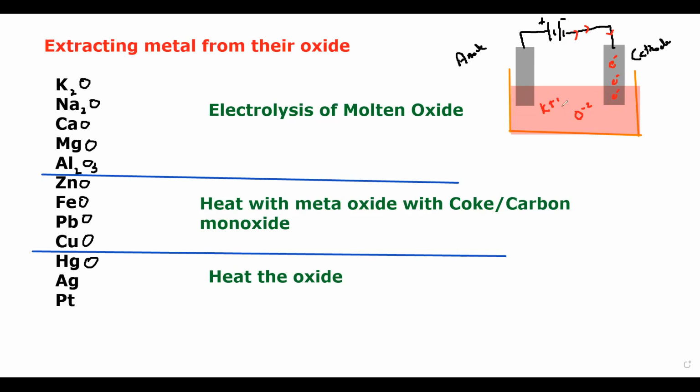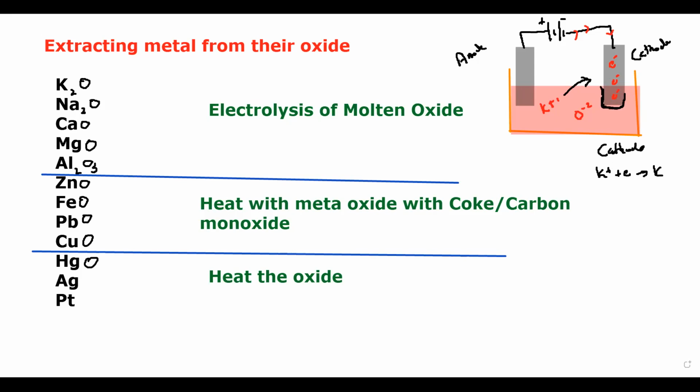Yes, that's right, the potassium ions, because potassium is positive, and positive ions are attracted towards the electrons. So what will be the equation at the cathode? The potassium ion will gain an electron and turn into a potassium atom. So the metal will be deposited at the cathode.